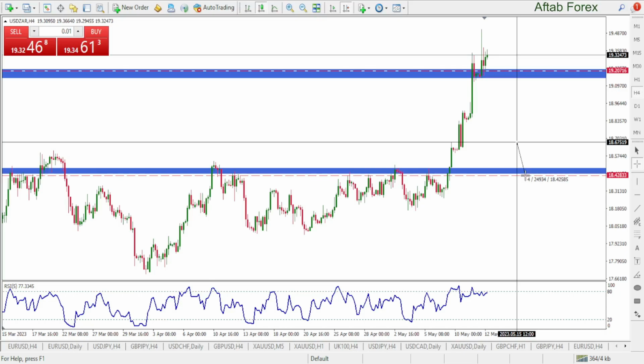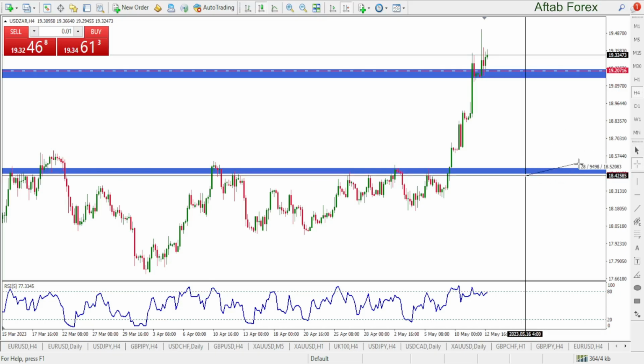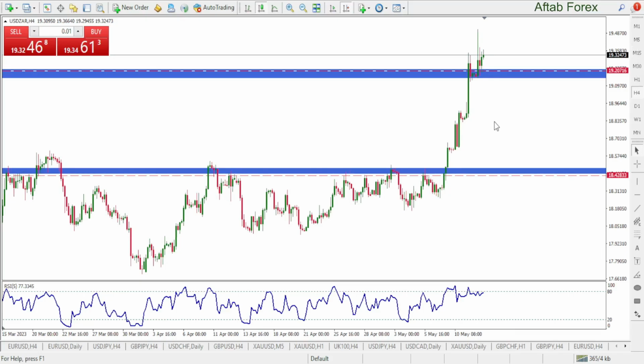And the third one, I will be looking for a confirmation right here. This is the H4. And at the time I'm going to take an entry, I may be looking at the H1, M30, M15 levels as well for some extra confirmation, because I want my trade to be very accurate and a very nice one.